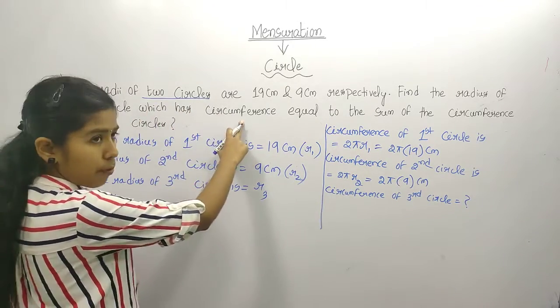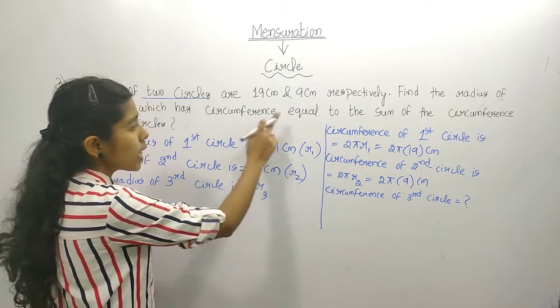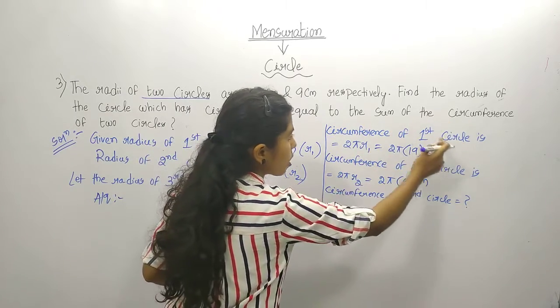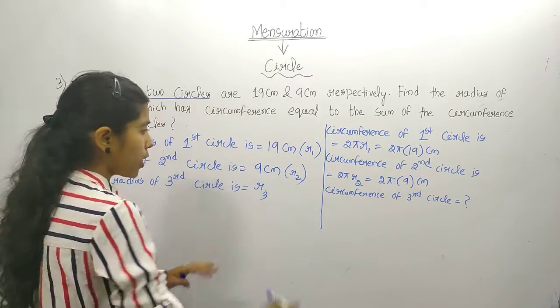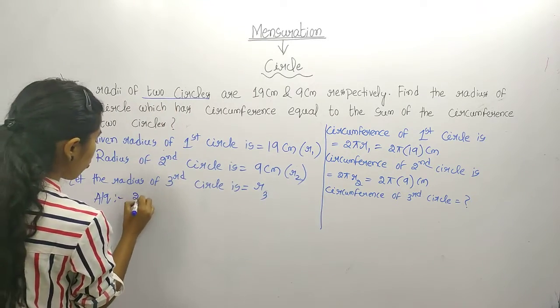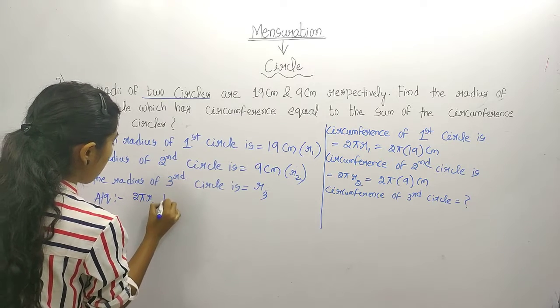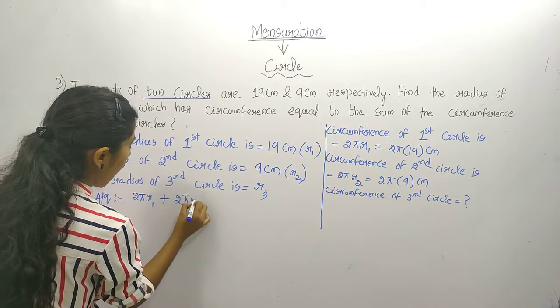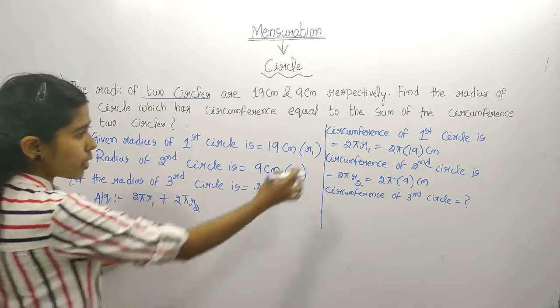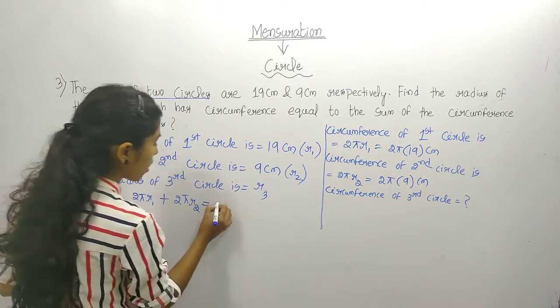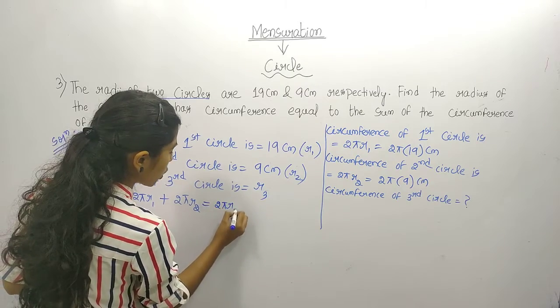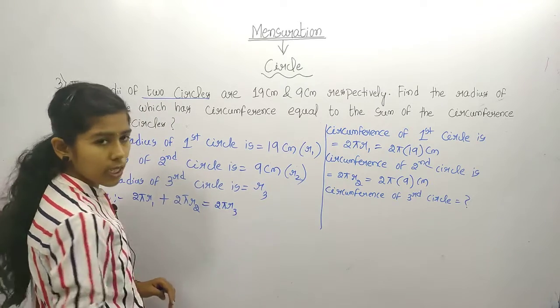Its circumference equals the sum of the circumferences of these two circles. So according to the question, 2 pi r1 plus 2 pi r2, sum means addition, is equal to the circumference of the third circle, which is 2 pi r3. We have taken it as r3.